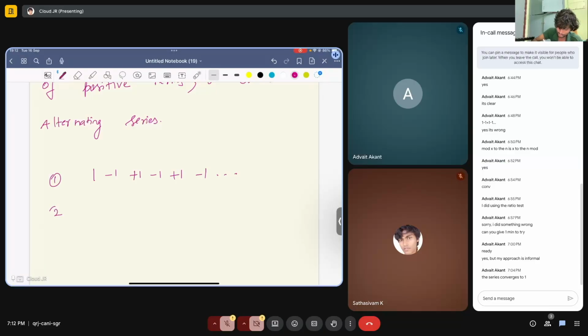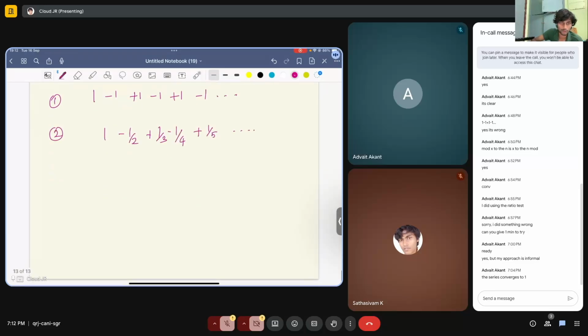Another example is, let's say, 1 minus 1 by 2 plus 1 by 3. So you have two examples here. Let's go to the theorem here.